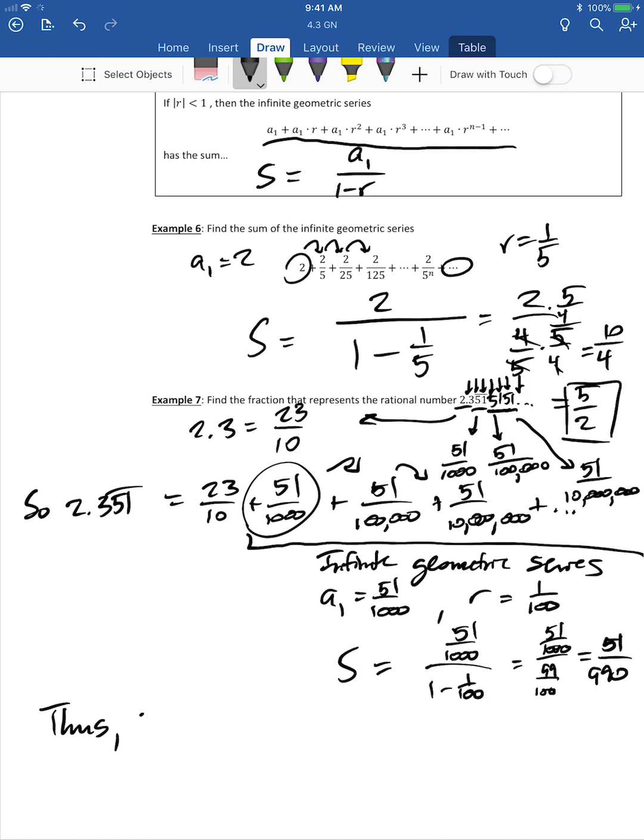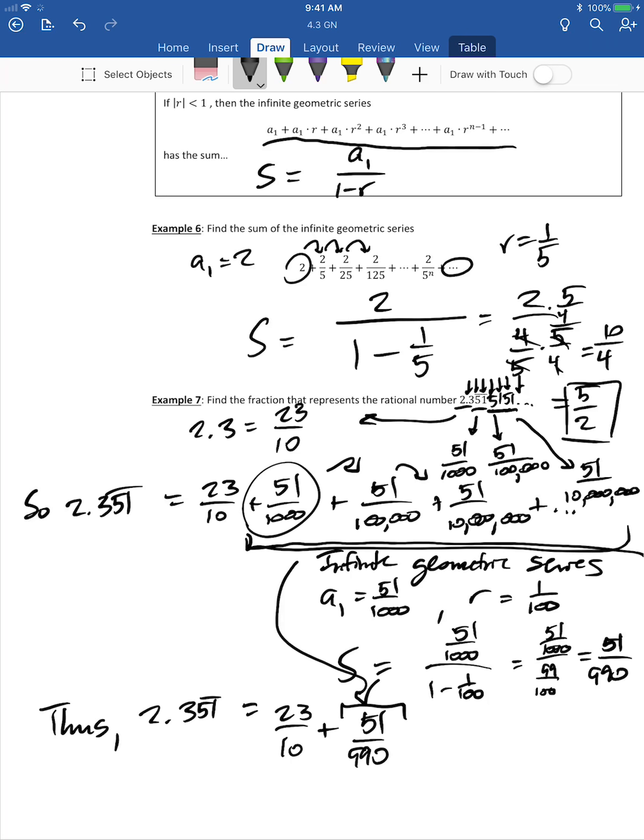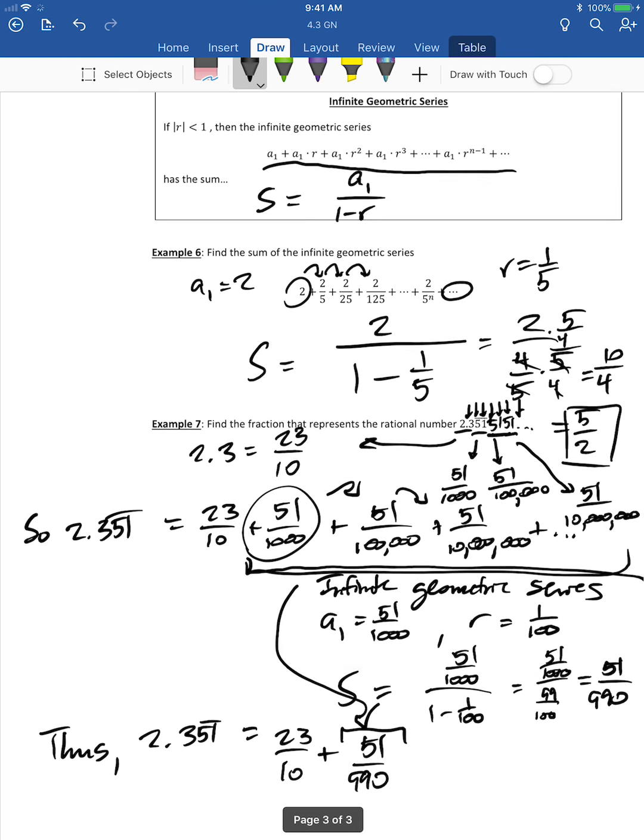Thus, 2.351, where the 5 and the 1 are repeating, is 23 over 10 plus 51 over 990. I took this entire thing, and it sums to this nice, simple fraction.